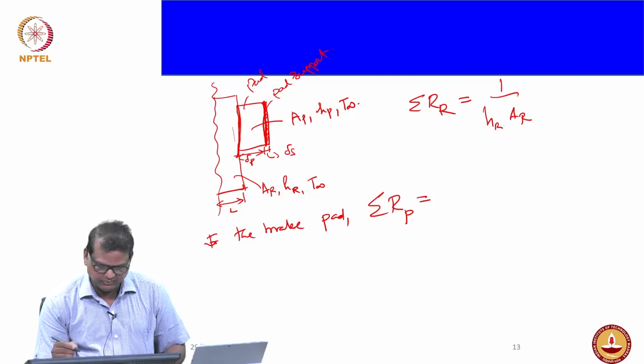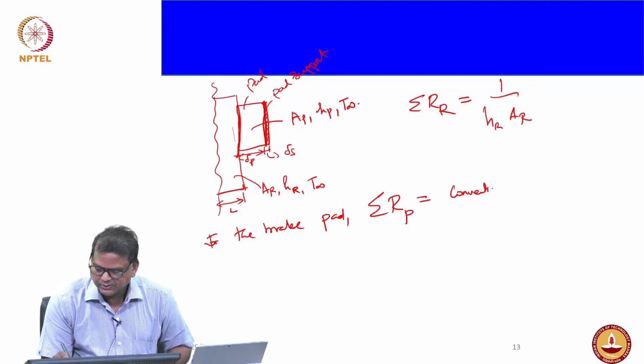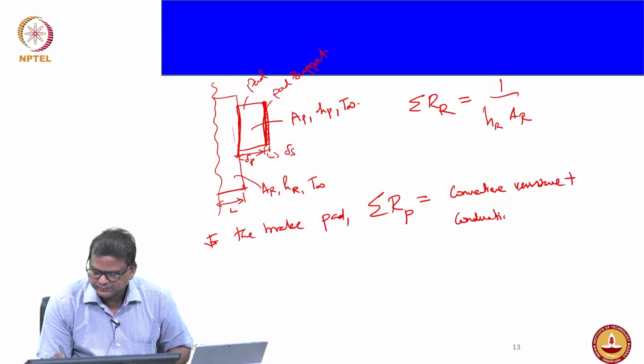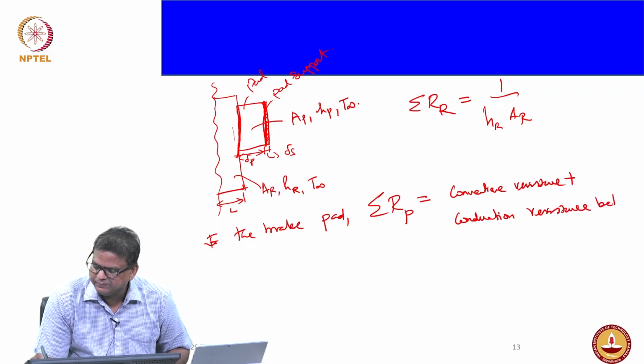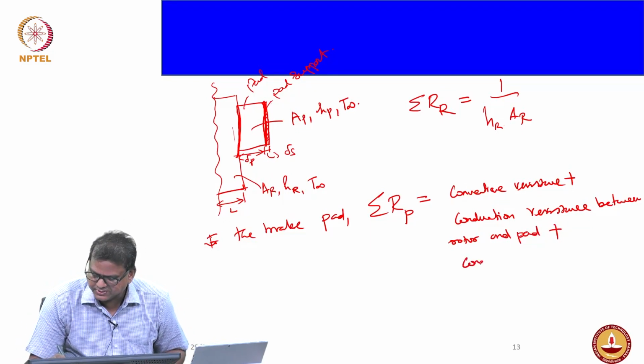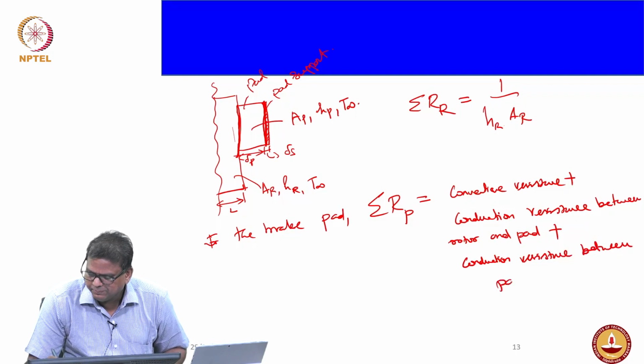Okay. So, convective resistance plus the conduction resistance between rotor and pad plus conduction resistance between pad and pad support.